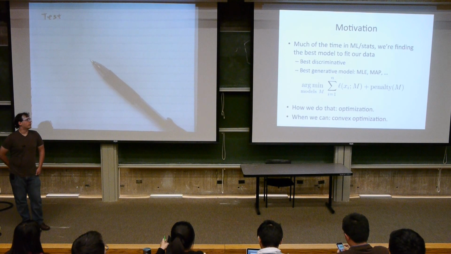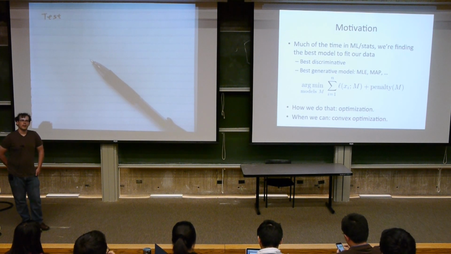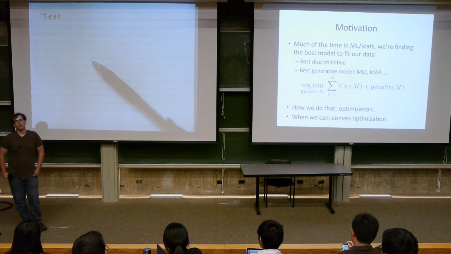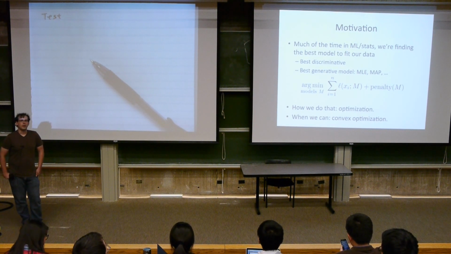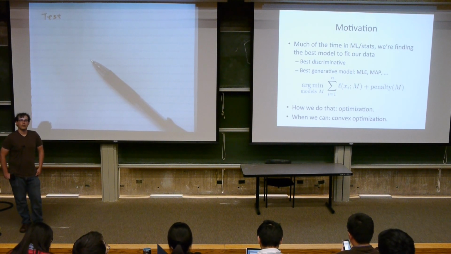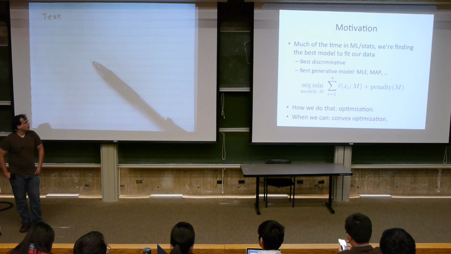We might want to find the best generative model, which is where, like in naive Bayes or a method like that, we assume a probability distribution generated the data, and then we do things based on those assumed distributions. And in that case, we want to find the best matching model, so things like maximum likelihood estimation, maximum a priori, even method of moments, other ways of fitting probability distributions, we can all express as optimization problems.